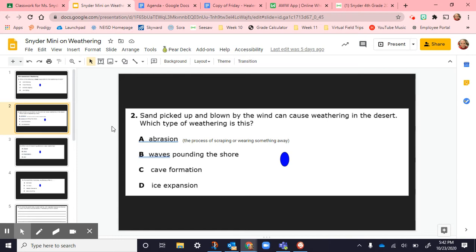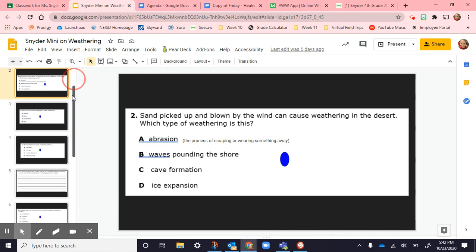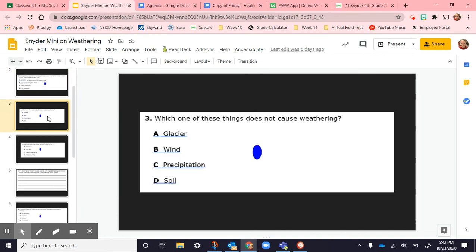So it's asking, what kind of weathering is this? Is it abrasion, the process of scraping or wearing something away, waves pounding on the shore, cave formation, or ice expansion? Again, we're talking about the desert, so you can take quite a few of those out just by thinking about where we are.